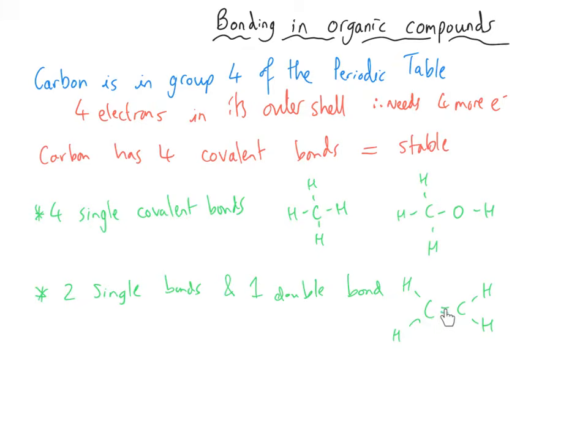We've got 2 bonds here in the middle, and then a 3rd bond here, and then a 4th bond here. So this carbon on the left-hand side has got 4. If we consider the carbon on the right-hand side, it's got 4. 1, 2, 3, 4. And this carbon up at the top, 1, 2, 3, 4. So carbon always has 4 covalent bonds.